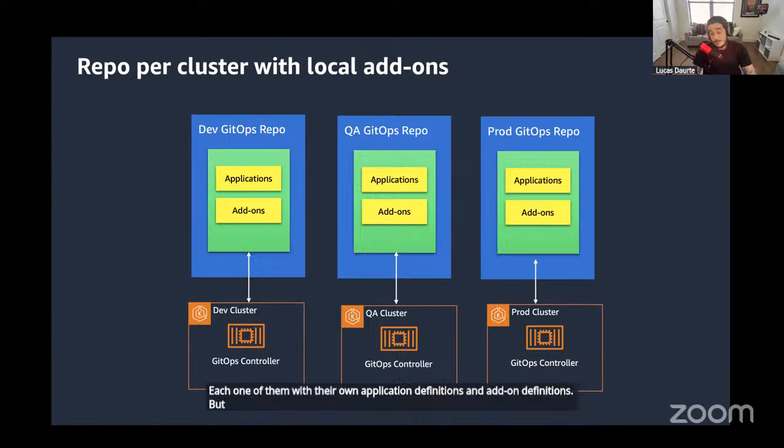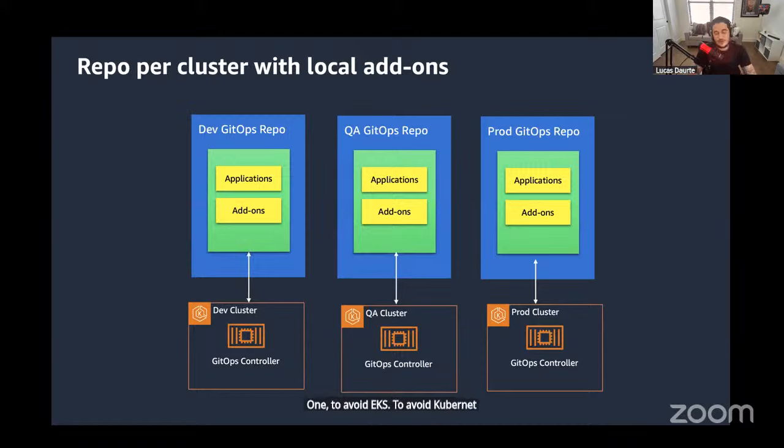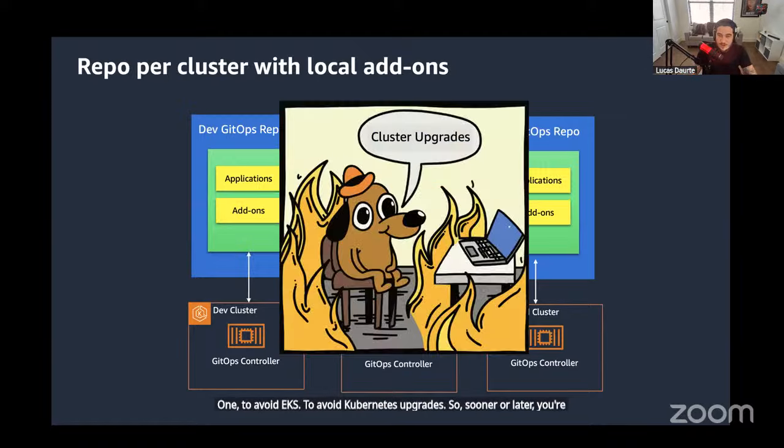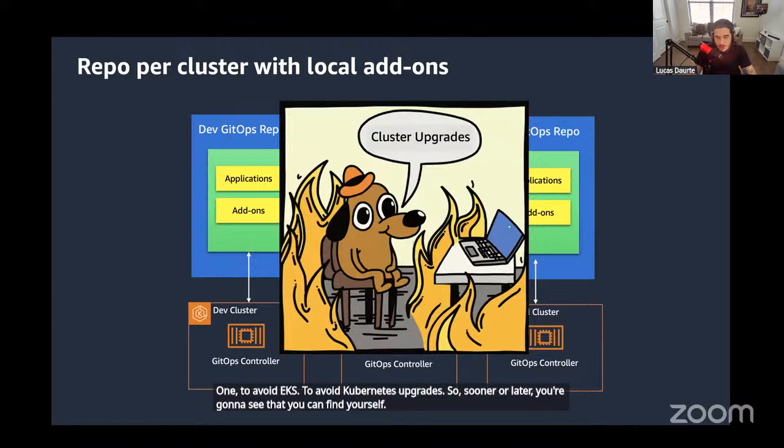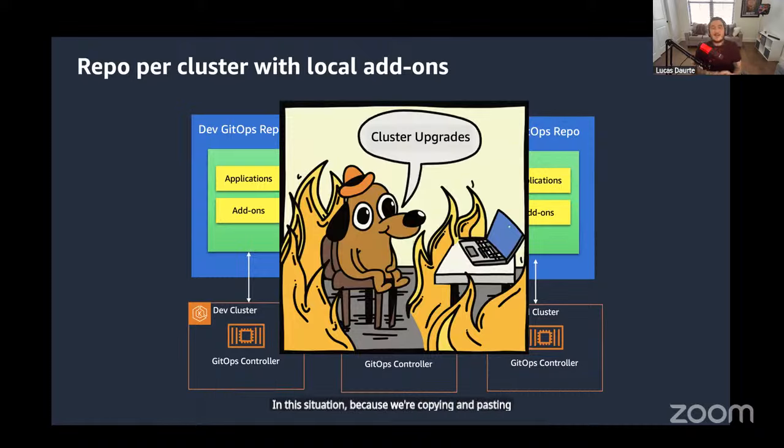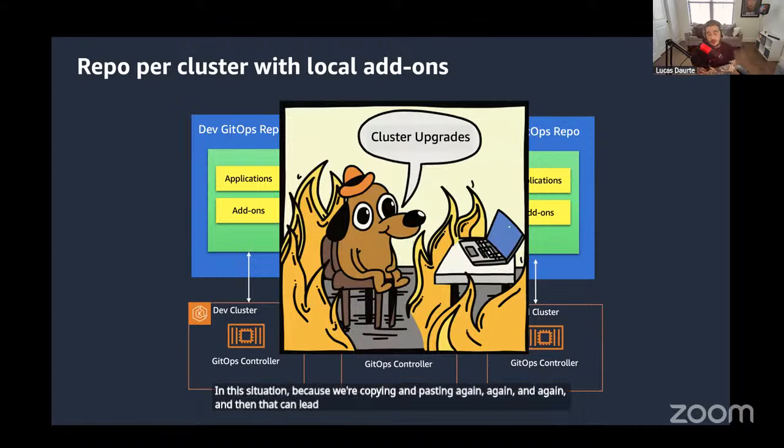But sooner or later, we're going to notice that we are replicating add-on configurations, because we want to have a standardized version of add-ons across all the clusters, to avoid problems with EKS and Kubernetes upgrades. So sooner or later you can find yourself in this situation, because we're copying and pasting again and again, and that can lead to problems in cluster upgrades.